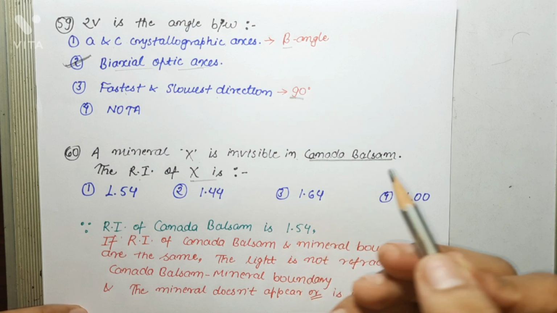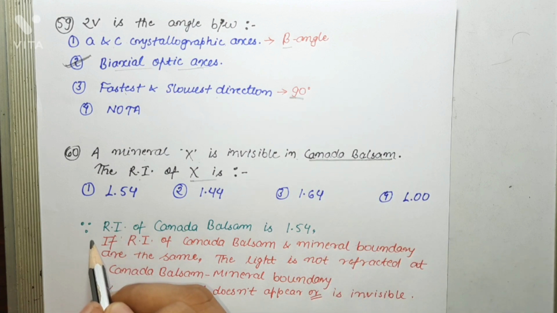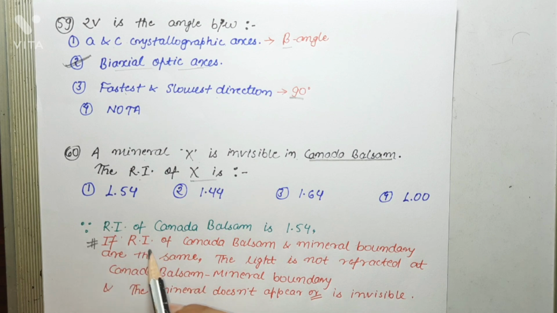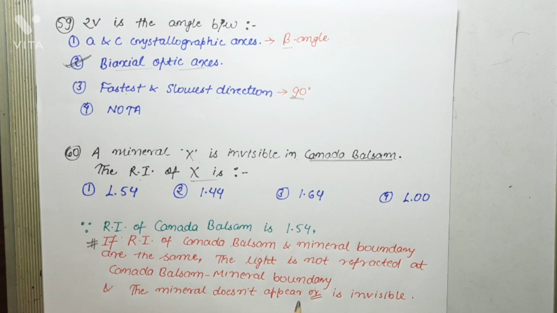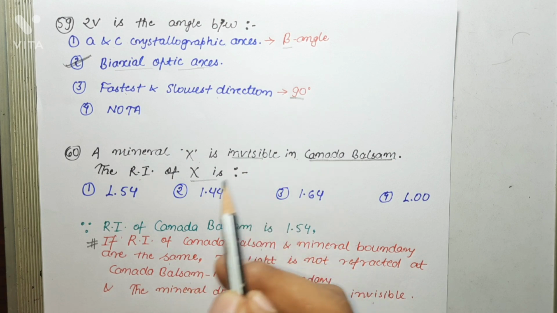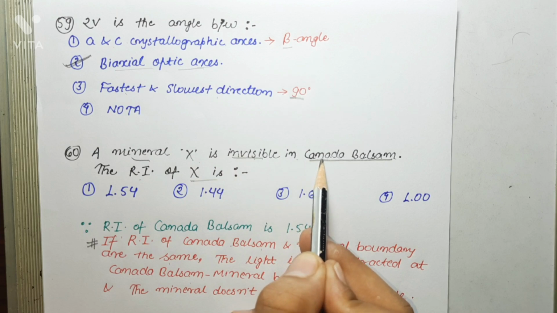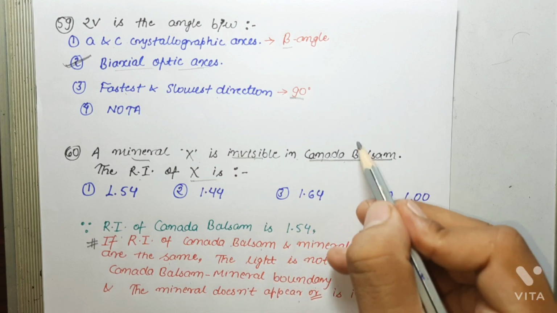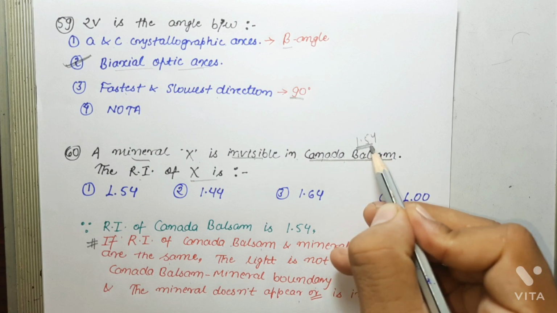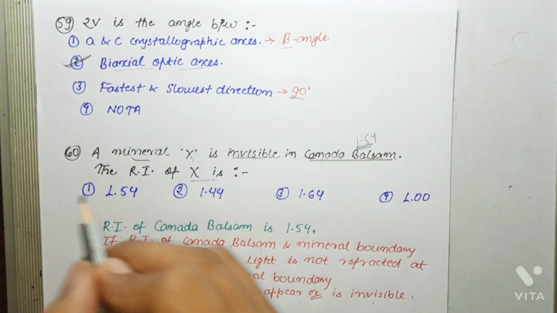Now, concept number 1 is, if the refractive index of Canada balsam, or any other mounting medium, and the mineral are the same, then the light is not refracted at the Canada balsam and mineral boundary, and the mineral does not appear, or it is invisible. So if a mineral is invisible in Canada balsam, then the refractive index of the mineral and Canada balsam is the same, and you know the refractive index of Canada balsam is 1.54. So the refractive index of mineral X will be 1.54 also.